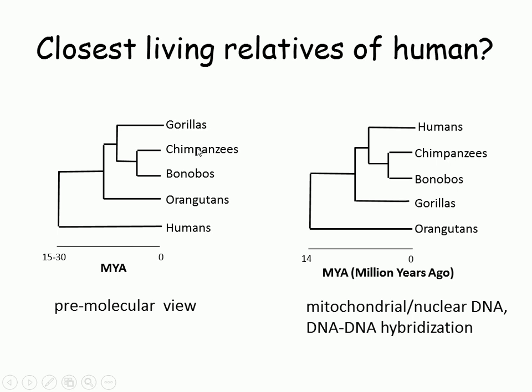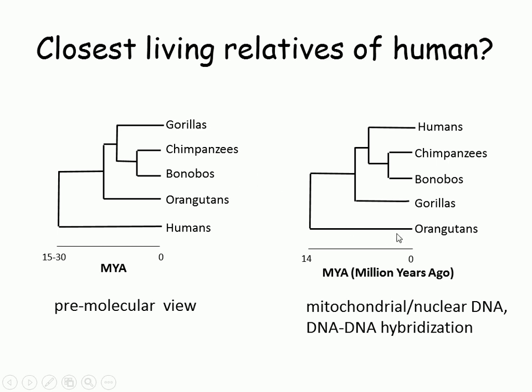This is based on an intuitive analysis of how these animals looked, how their anatomy was, and so on. Humans felt like they were special; they should be placed in a different place. So it was more political than perhaps biologically grounded.